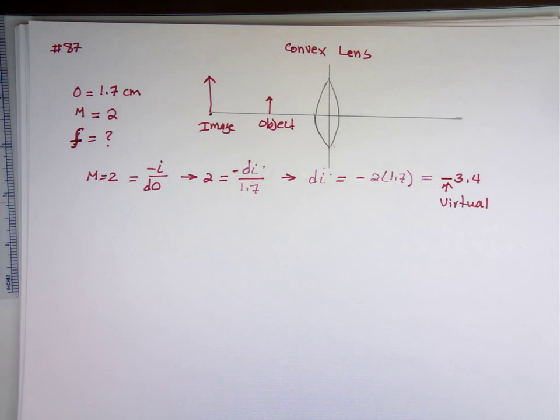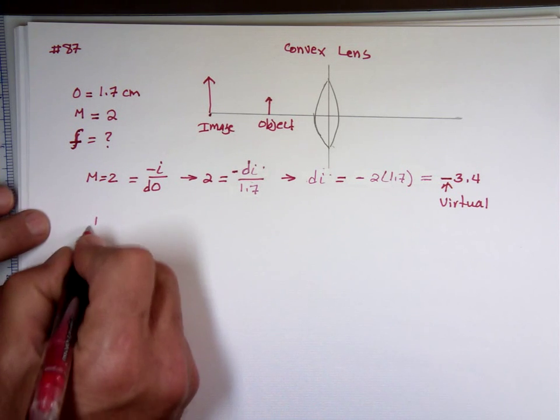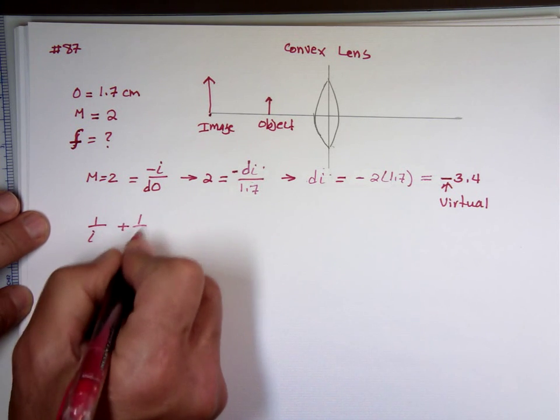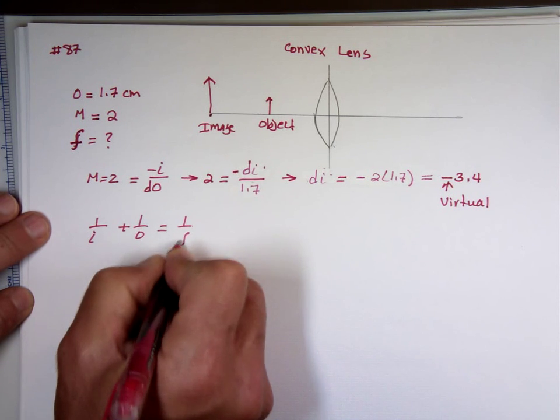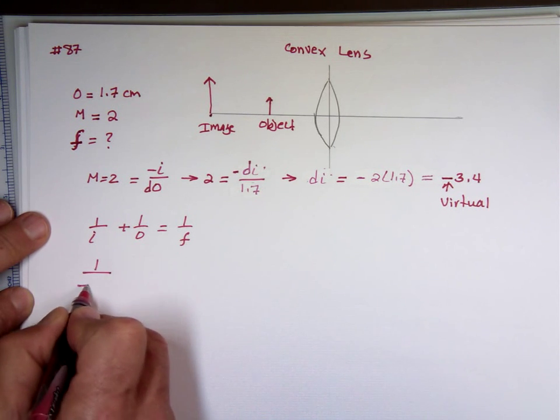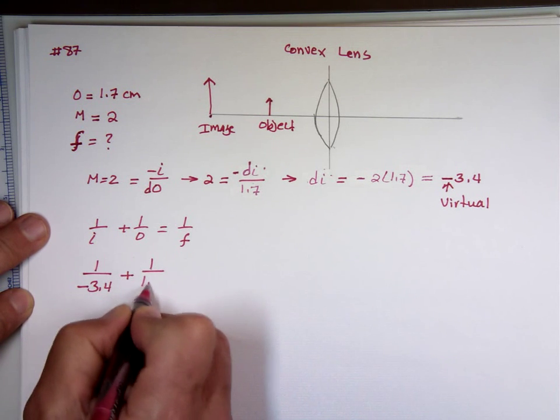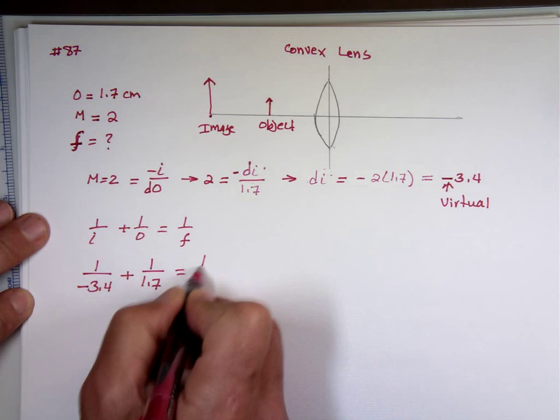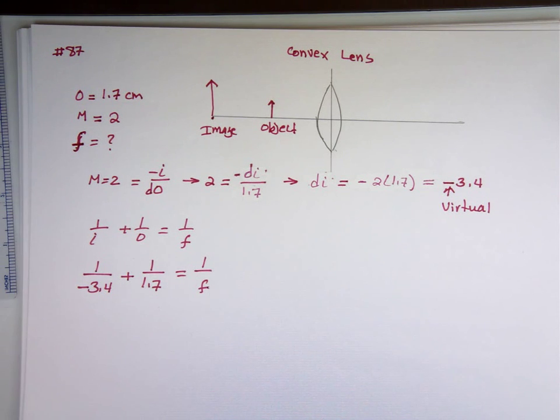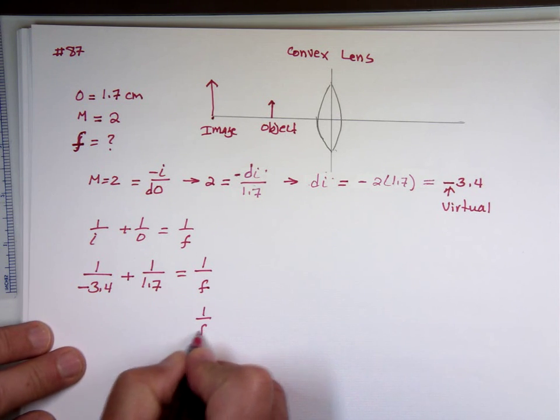So now we know what I is. 1 over I plus 1 over O equals 1 over F. 1 over negative 3.4 plus 1 over 1.7 equals 1 over F. 1 over F equals positive 0.294.